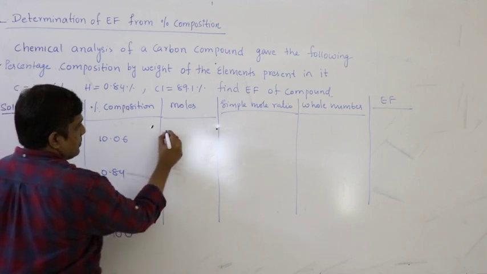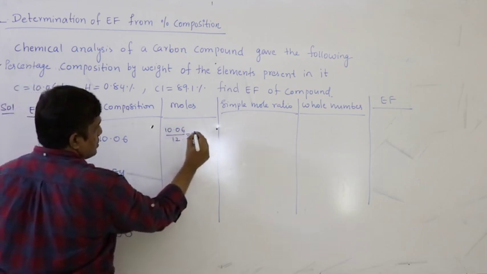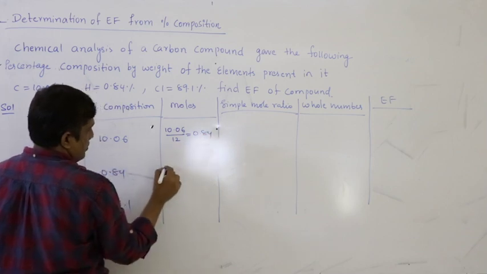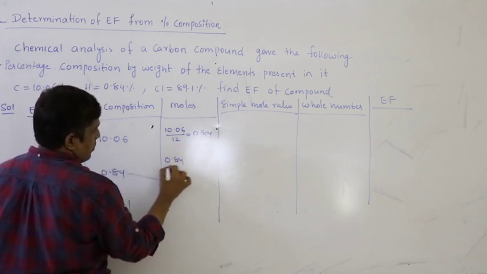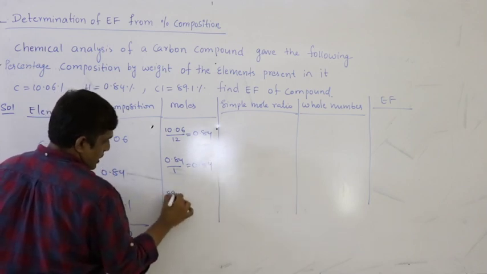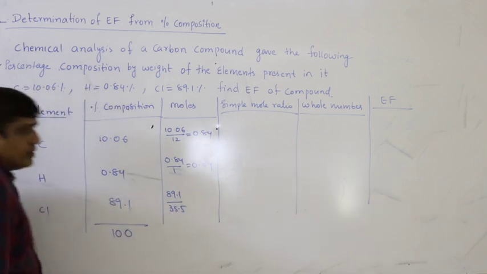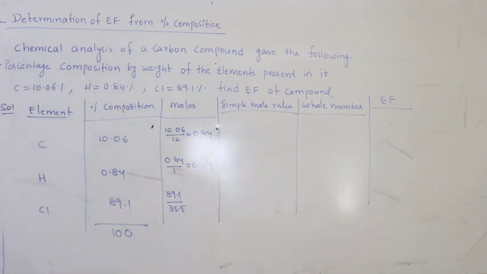Next, these are the masses of the respective elements. Convert into moles. 10.06 by 12, you will get around 0.84. 0.84 by 1, 0.84. 89.1 by 35.5, so 89.1 by 35 is around 2.5.